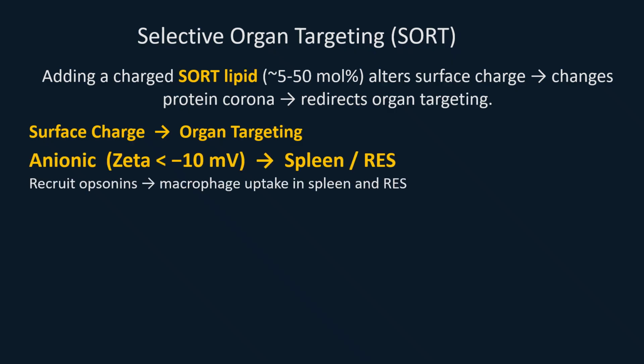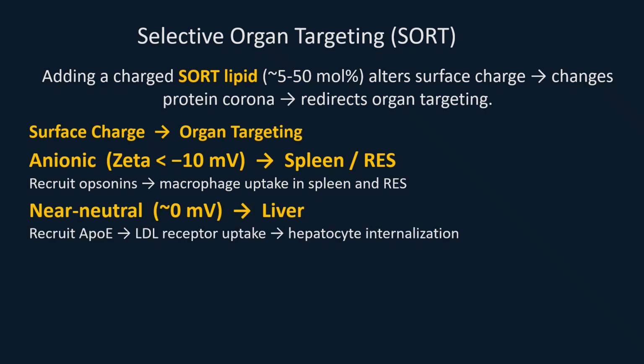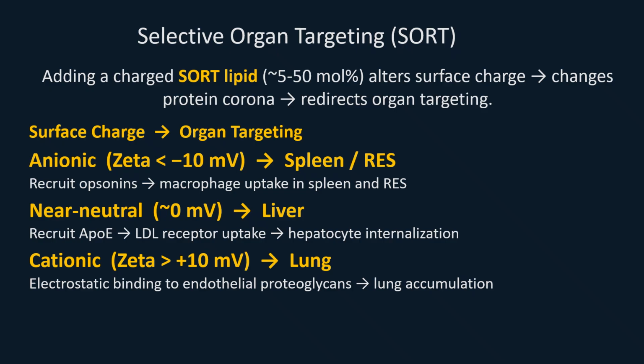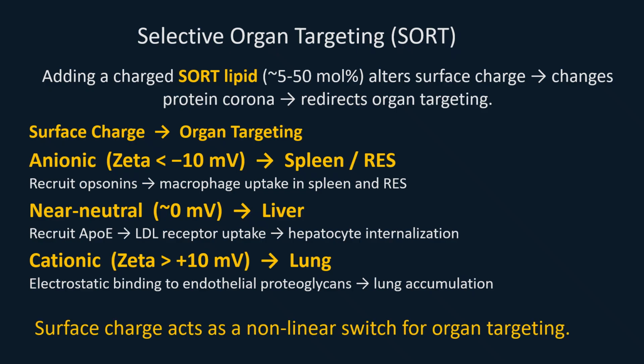A cationic surface accumulates in the lung, for example. For modeling, the key insight is that small shifts in zeta potential produce large nonlinear changes in organ distribution. But why does surface charge control targeting? That comes down to what happens the moment the particle hits the blood, which is what we will see in the next slide.